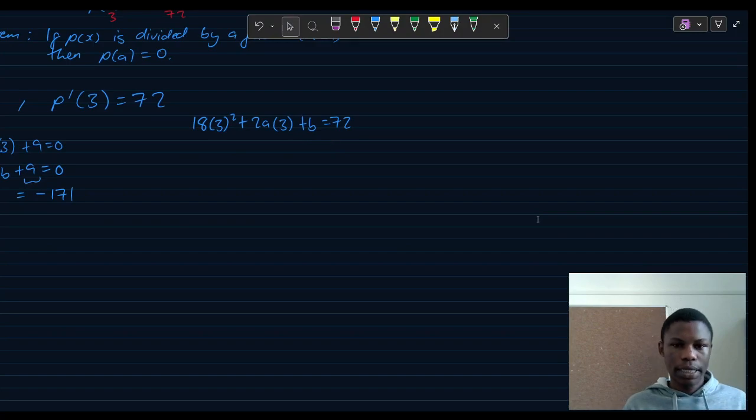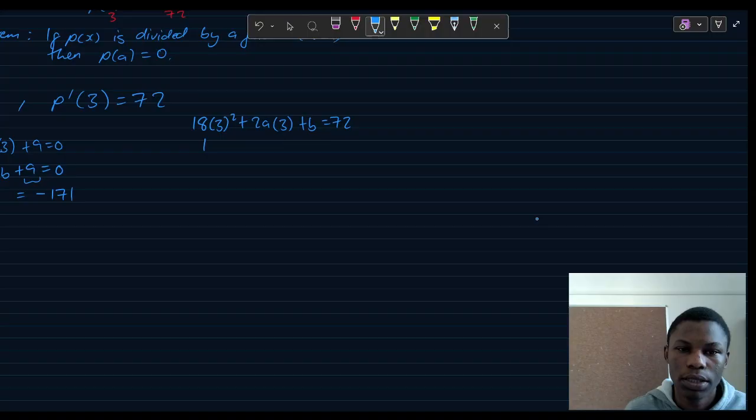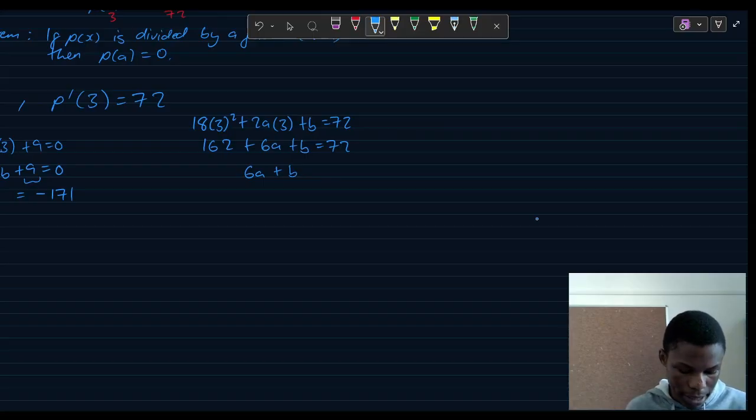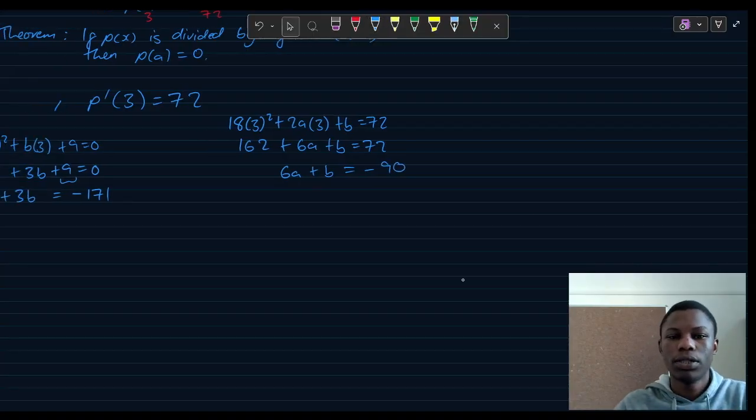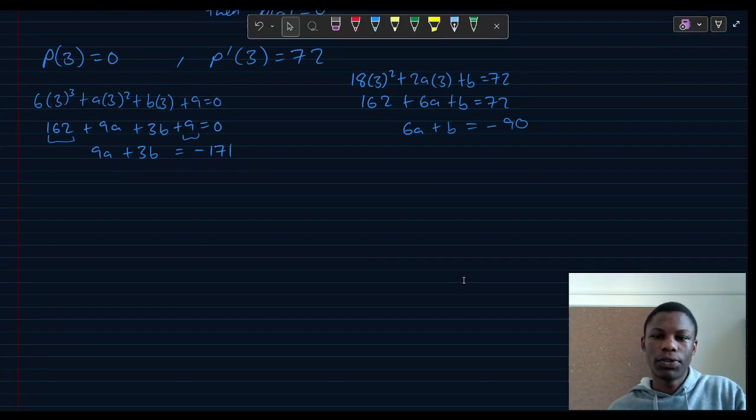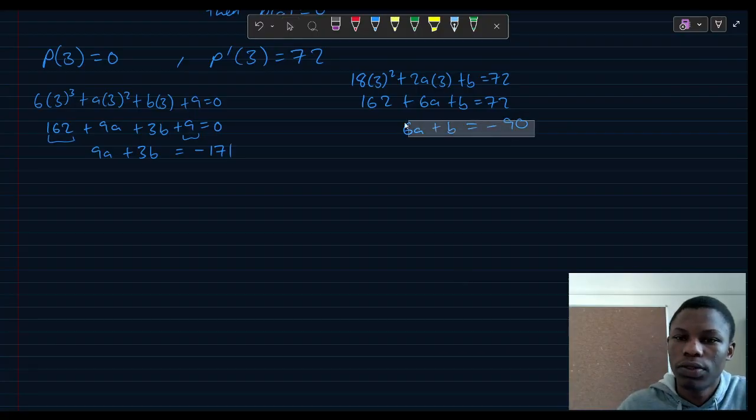So 18 times 3 squared is 162, plus 2a times 3, so 6a plus b is equal to 72. Move the 162 to the other side: 72 minus 162 is minus 90. And now we've got these two nice equations in terms of a and b that we can solve simultaneously.